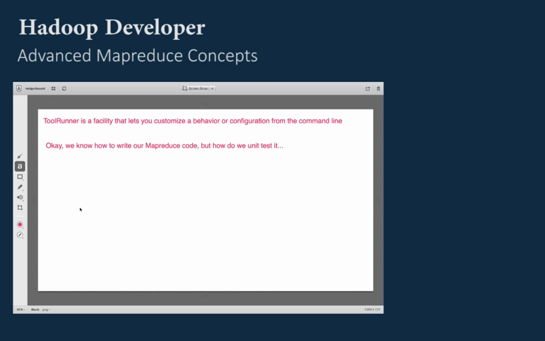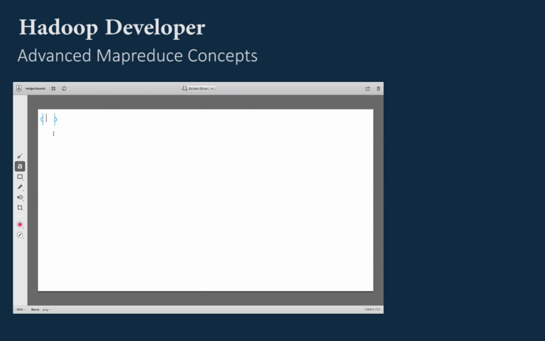But the next important question is, how do we unit test it? So let's understand the whole concept of unit testing. Now, what exactly is unit testing? Let's first define that.